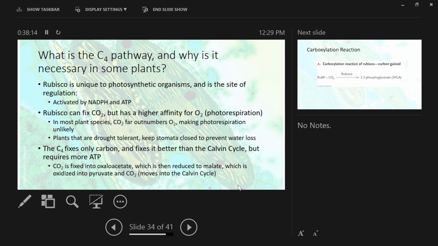And then when it's ready, malate can be oxidized by having the electrons stripped away, generating pyruvate, which can also be used, or it can be oxidized further to generate the Krebs cycle, and then releasing carbon dioxide. So this gives the plants a way of storing up enormous amounts of carbon dioxide for later use. And again, it's energetically costly, but sometimes necessary if the plants have to keep their stomata closed during the day.